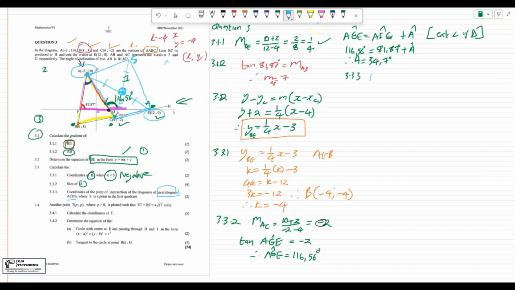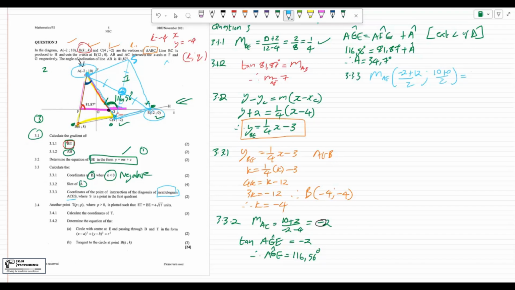What is the midpoint of line AE? We know the midpoint, X value: minus 2 plus 12 divided by 2, and then 10 plus 0 over 2.